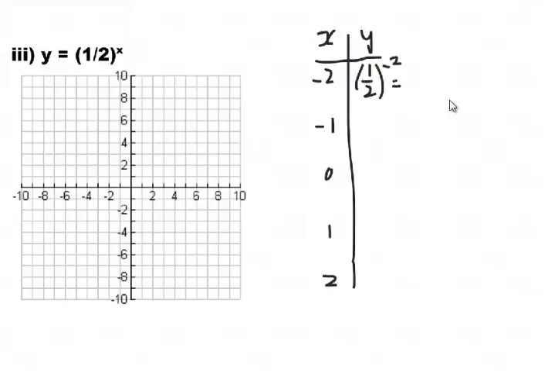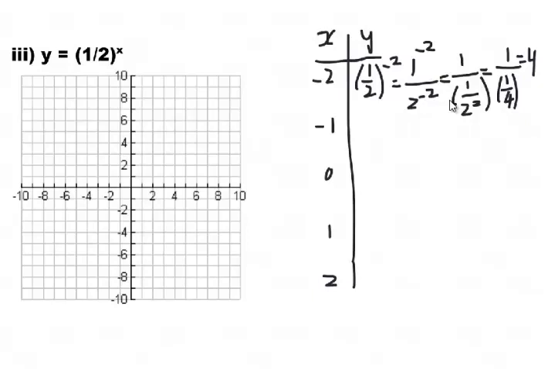If I distribute negative 2 inside the bracket, I get 1 exponent negative 2 over 2 exponent negative 2. 1 exponent any number is 1. 2 exponent negative 2, I can write as 1 over 2 exponent 2. But 2 exponent 2 is 4, so I get 1 divided by 1 over 4, which is going to give me 4.